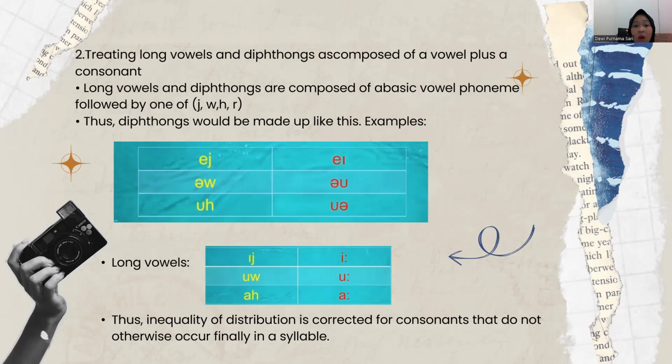Thus, diphthongs would be made up like this, for example this one, a, u, and u. And long vowels like this one, they have two dots there, e, u, and a. They are long. Thus, the inequality of distribution is corrected for consonants that do not otherwise occur finally in a syllable.